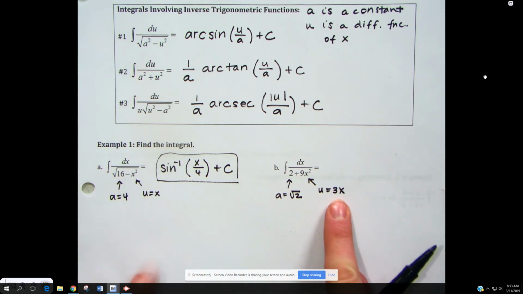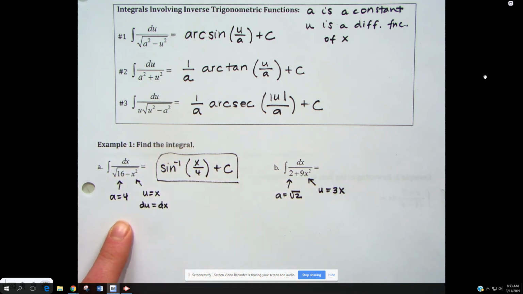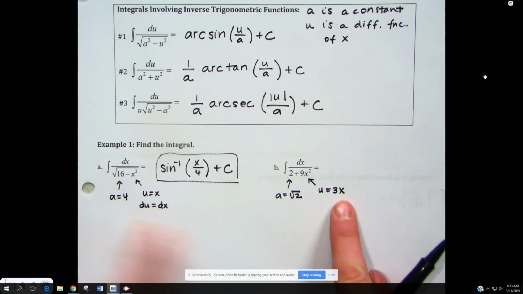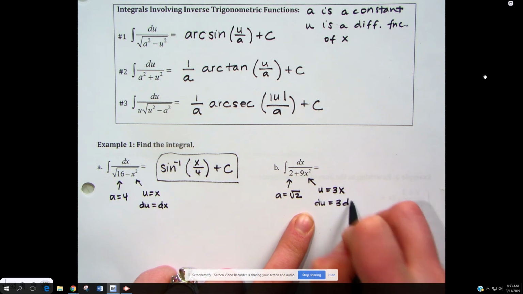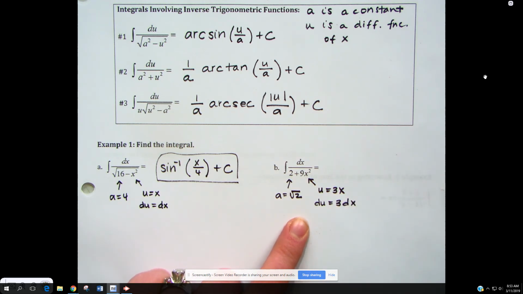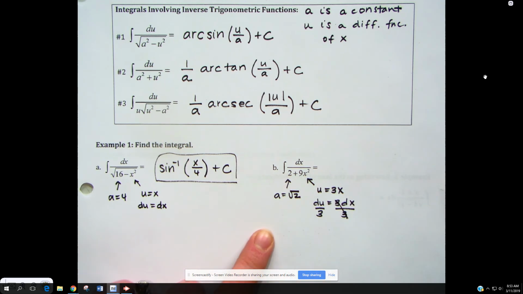Now notice the difference between these two. Right here I had a simple substitution, u equals x. If I had continued along the lines of our u substitution, I would have just noticed that everything was the same. It was a matter of lettering. On this one, I want to carry through and complete the substitution all the way through, because that factor of 3 would alter the equation.